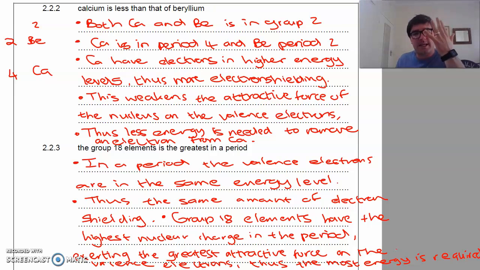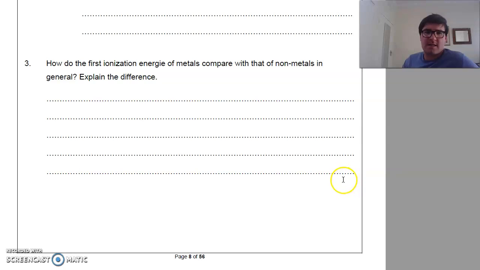Thus, the most energy will be required to remove the electrons from the group 18 elements. So here we've got 5 points that we have to mention so that our discussion is complete. Our final question asks: how do the first ionization energies of metals compare with that of non-metals in general? Explain the difference.